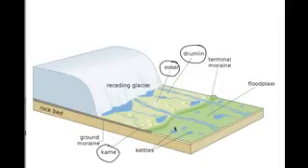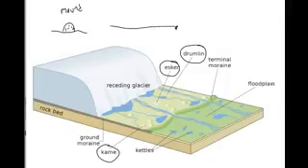What's the difference? They're all depositional features. All 3 are depositional. The only difference is shape. A kame is a mound. So here's the ground, and a kame is a mound of sorted sediment.